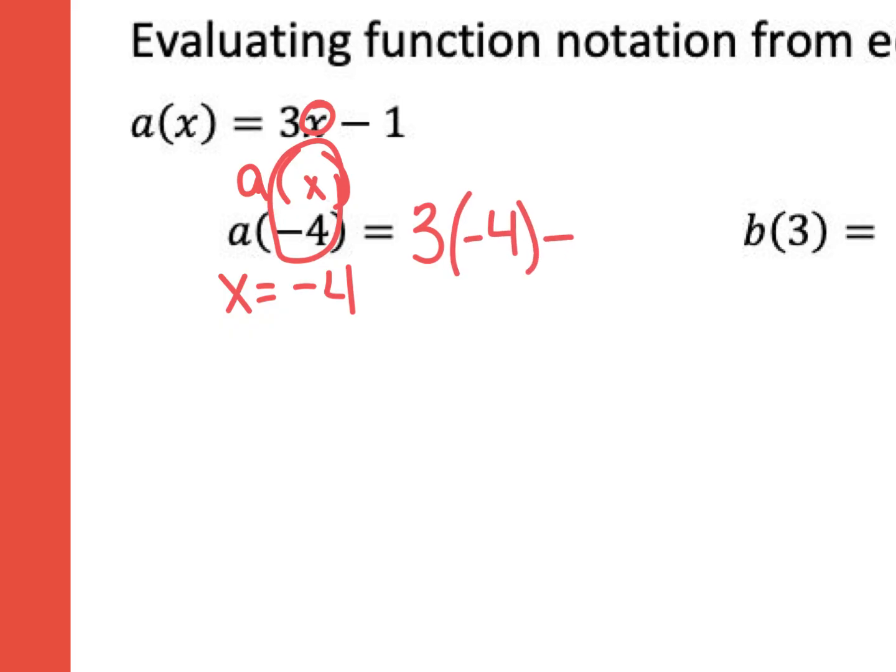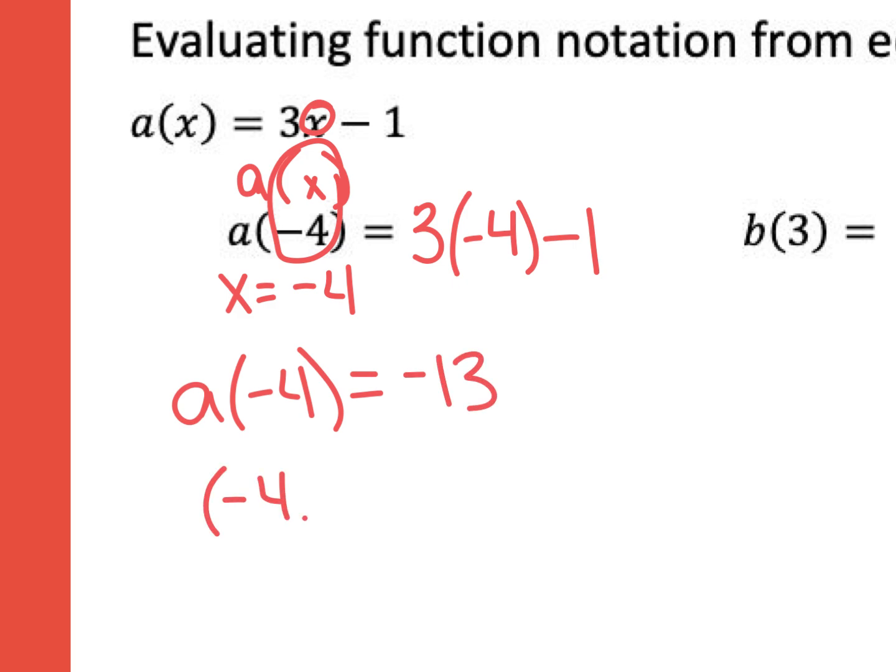Negative 4. Don't forget the negative. Minus 1. So when we put this in, we can write A of negative 4 equals, what do we get? Negative 13. So remember, that is an x, y coordinate for that equation. All right? Let's try another one.